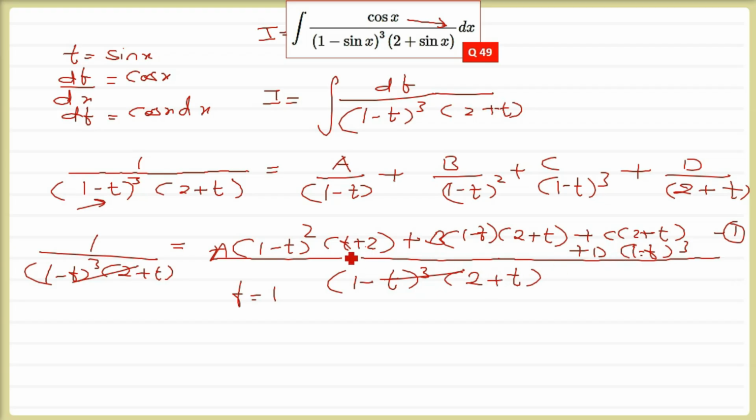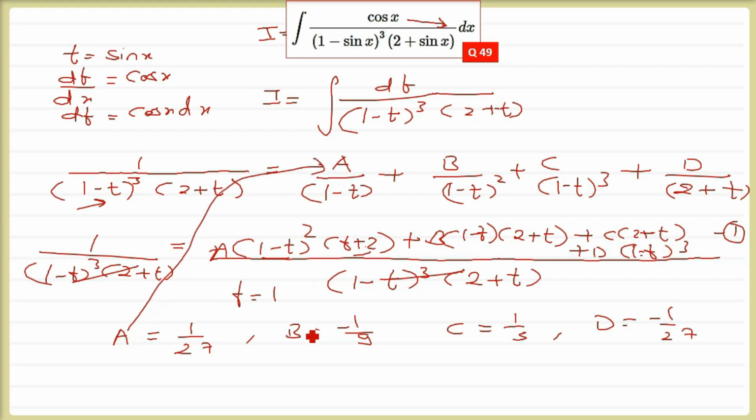So it's better to open it up, equate the coefficients with the left side, and then find the values of A, B, C, and D. So when you compute it, A will come as 1 by 27, B will be negative 1 by 9, C will come as 1 by 3, and D will be negative 1 by 27. All these values are going here. A will be replaced by 1 by 27, B by negative 1 by 9, C by 1 by 3, and D by negative 1 by 27.